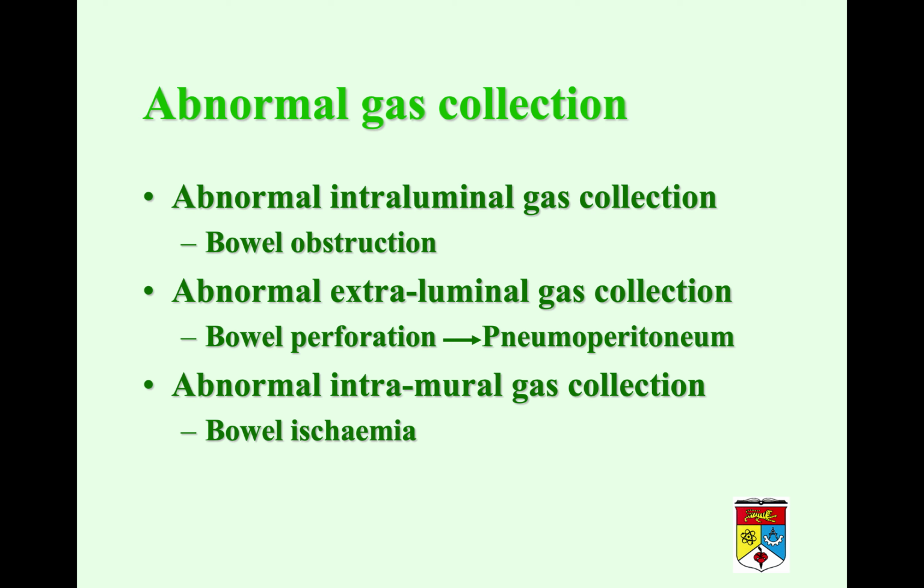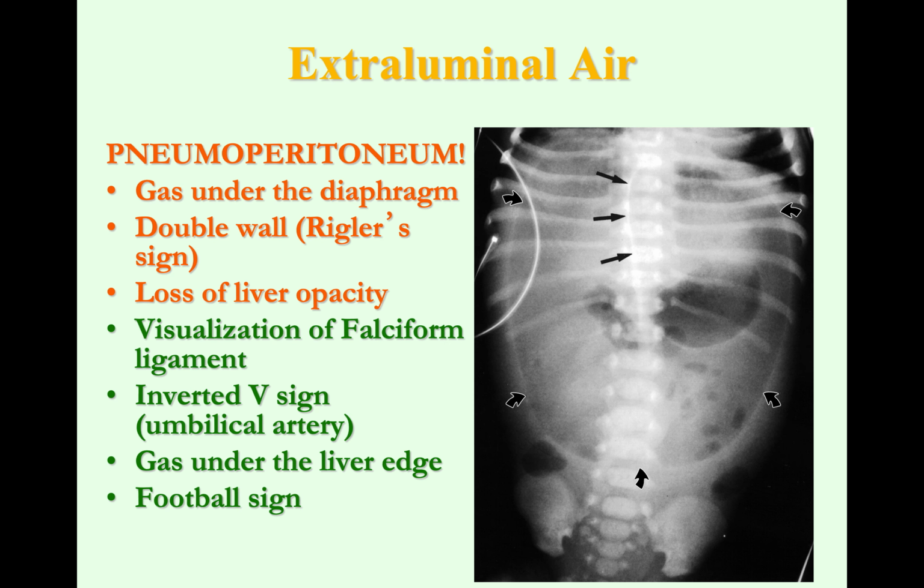If the gas is extraluminal, you have to diagnose that as a pneumoperitoneum, a surgical emergency, because you know that there would be an associated bowel perforation. And if the air is in the wall of the bowel, that is an abnormal intramural gas collection, and most of the time it's associated with bowel ischemia in cases of necrotizing enterocolitis.